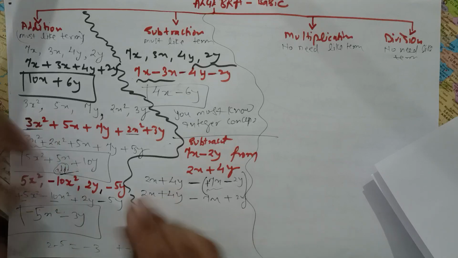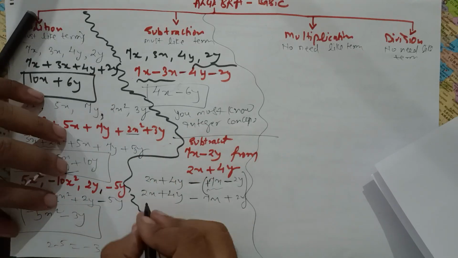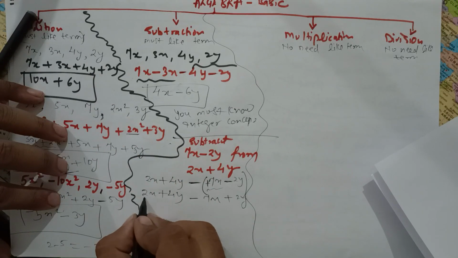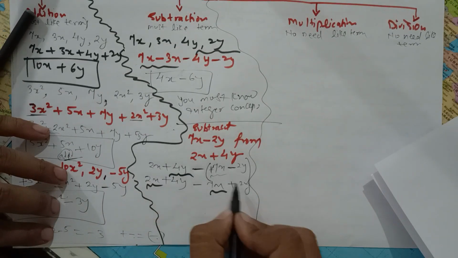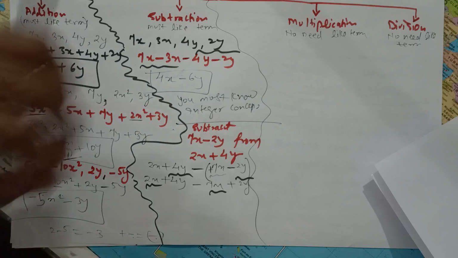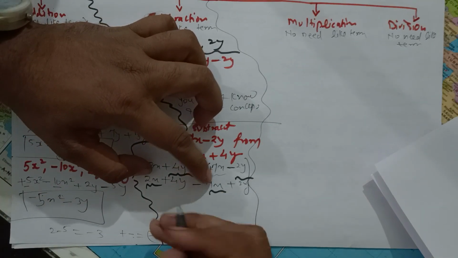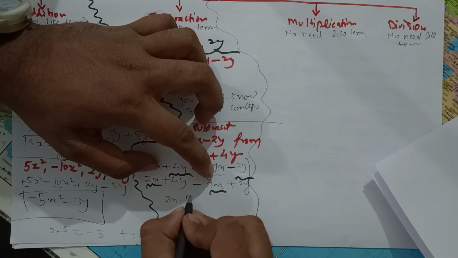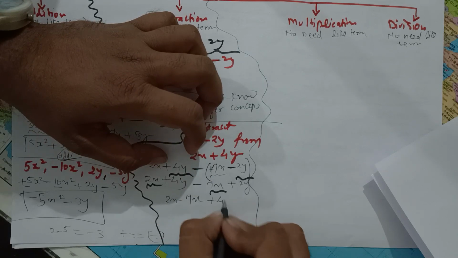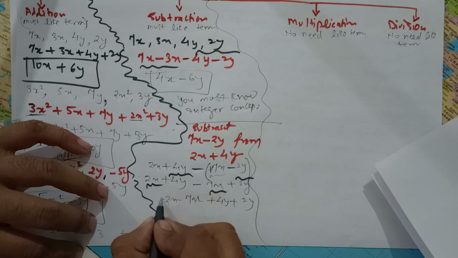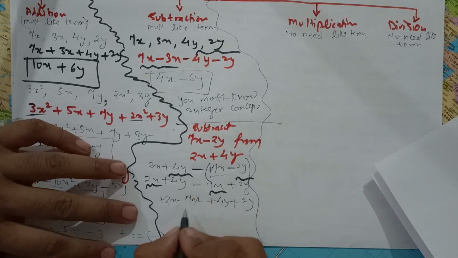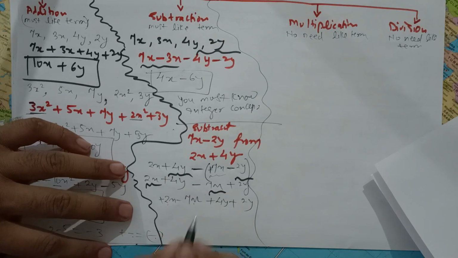Okay, now find the pairing. Where are your like terms? This and this look the same, and 4y and 2y look the same. So 2x minus 7x, rearrange it: 2x minus 7x plus 4y plus 2y. 2 minus 7, this is by default plus. Plus minus minus, and the sign will be of the greater one.